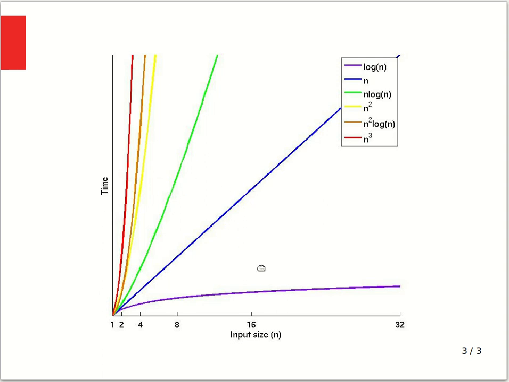Then you could have algorithms with n log n dependence. It's worse than linear, but better than quadratic dependence, n squared. And then n squared log n, and then n cubed.